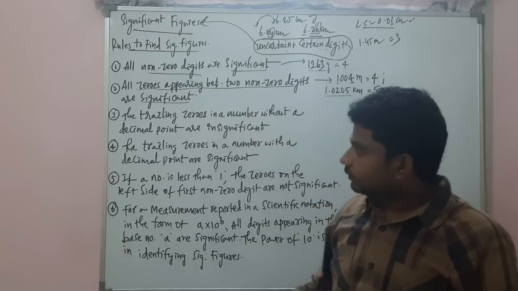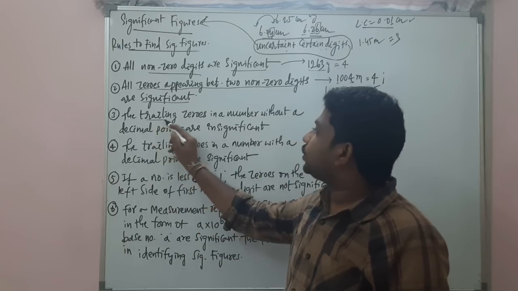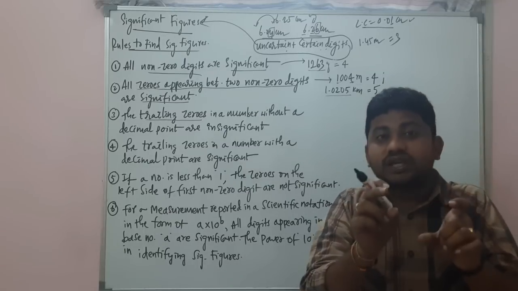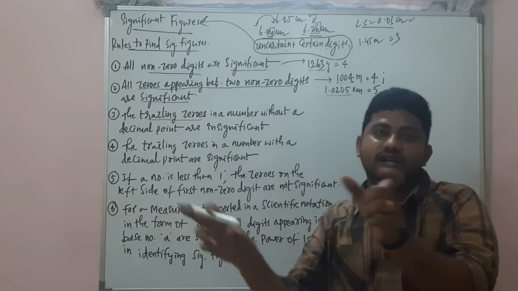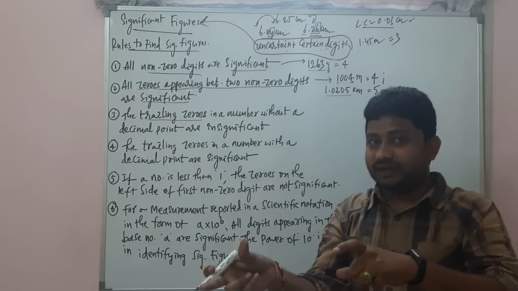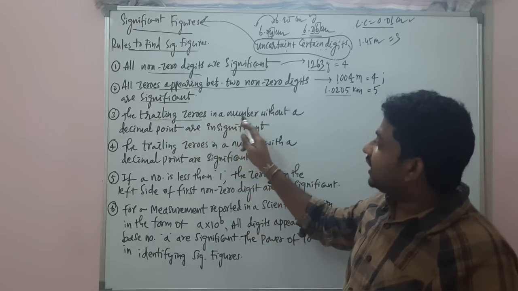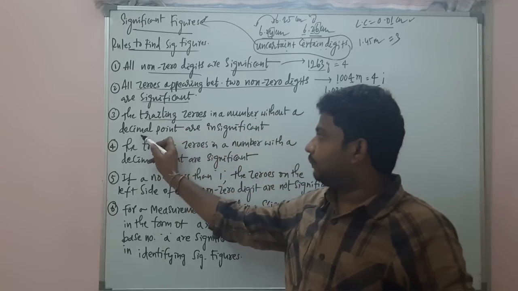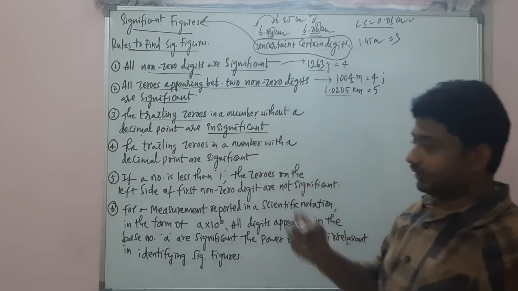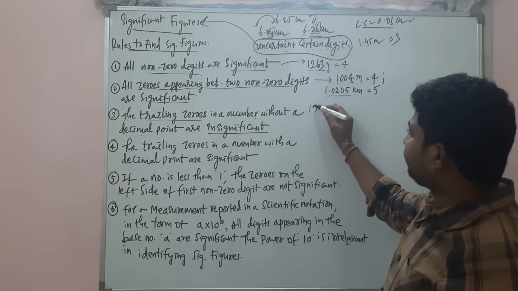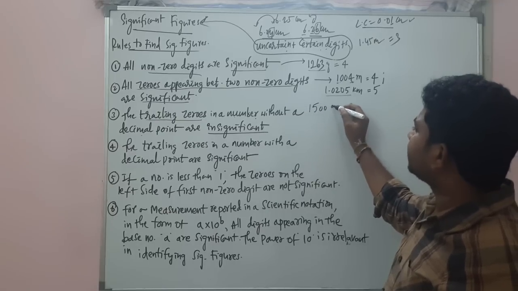Now, number 3. The trailing zeros. Trailing zeros means the zeros which come at the end of the number, at the end of the measurement, right? So the trailing zeros in a number without a decimal point are insignificant. For example, I've got a measurement like 1500 grams.